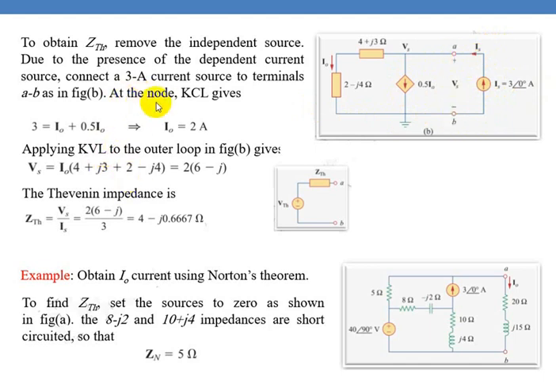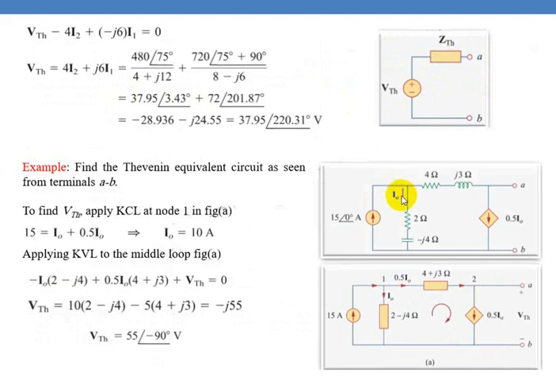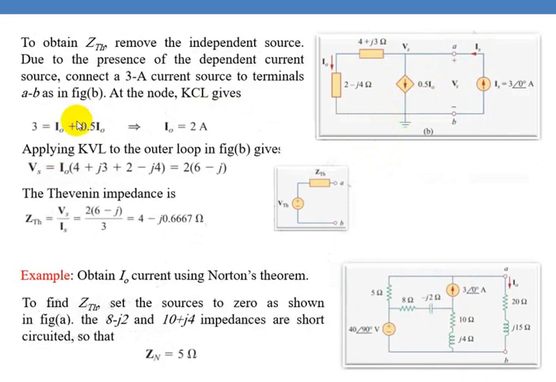Now at node 3 there is the incoming current, and these two are outgoing currents, 0.5 I0 plus I0. The current in this branch is already marked in the circuit as I0. So this is the equation for this node. From this you find I0.